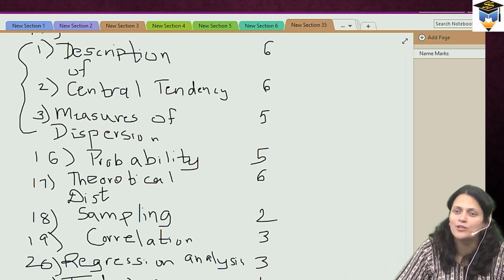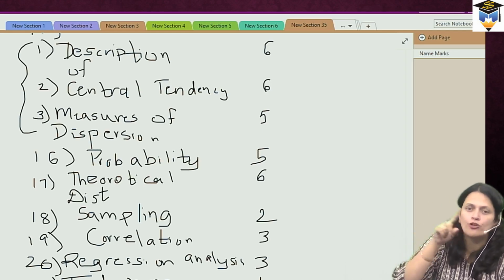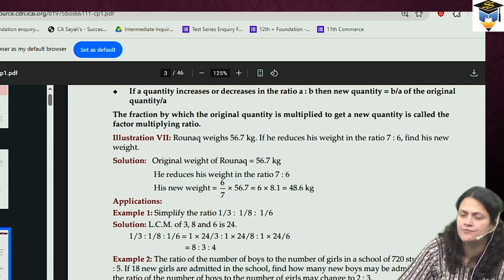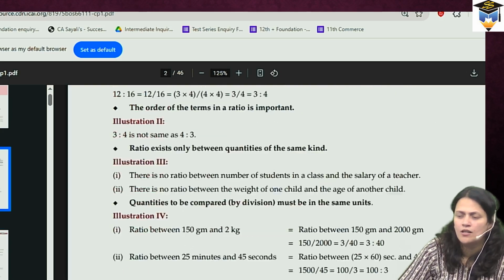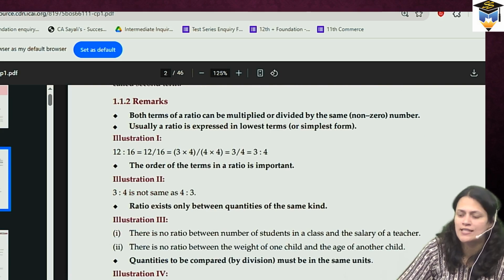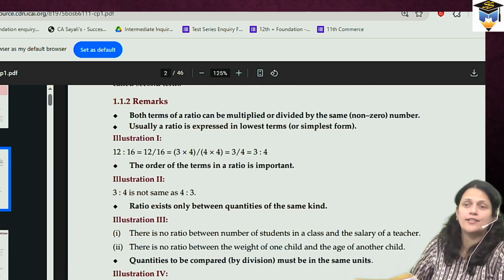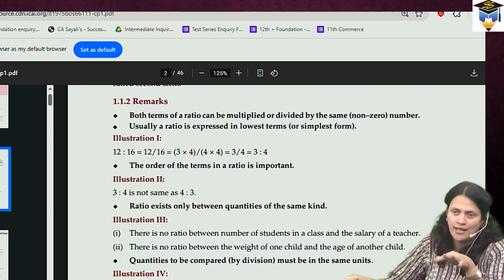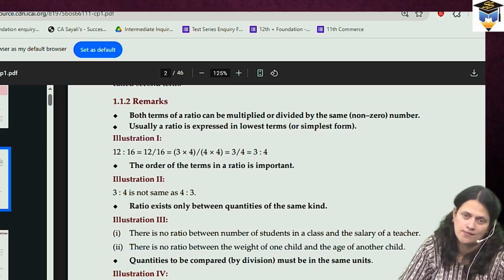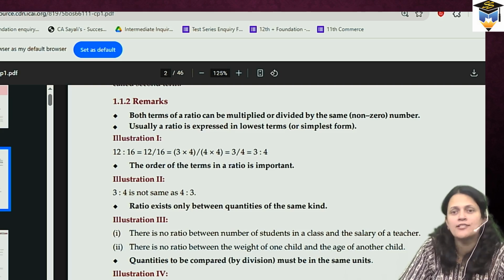So, we have started with the first chapter, ratio and proportion, for the newcomers. Do you know what is a ratio, both of you? Ratio is comparison between 2 quantities, correct? If I say right now, tell me the ratio of number of boys to number of girls. How many boys are present in the class? 2. How many girls?